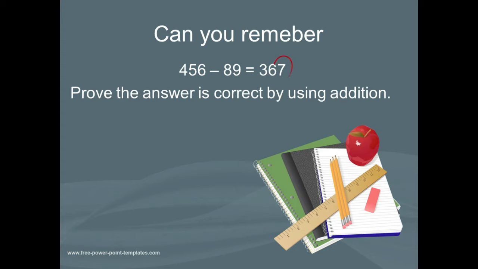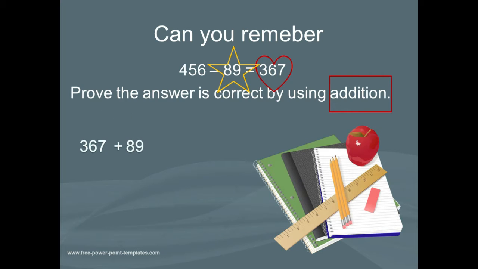The first thing I taught you is you take your answer, the 367, and write that down. Then you use your plus sign, and then you use the number in front of your equal sign, that's 89, and you write that down.